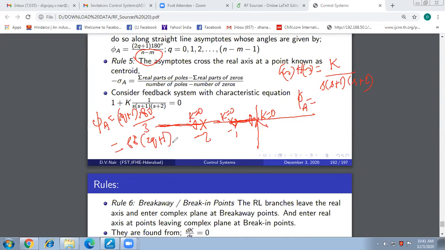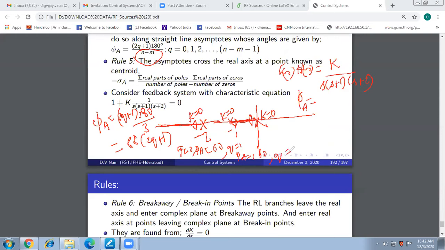Now put the value of q. q starts from 0. For q equal to 0, phi A will be 60 degrees. For q equal to 1, it will be 3 into 60, that is 180 degrees.